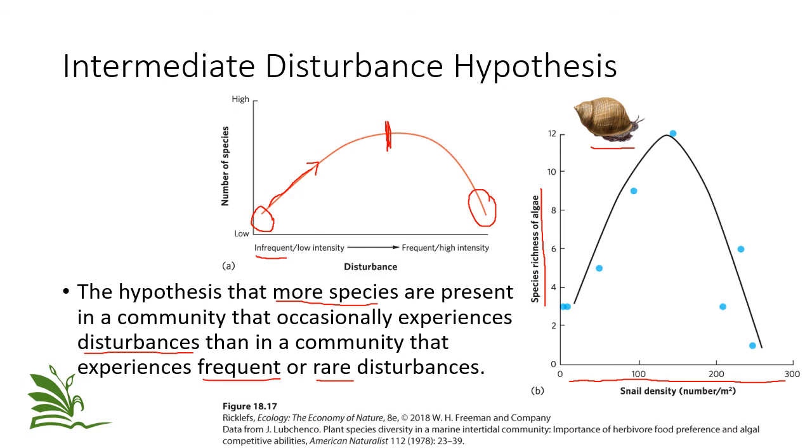In communities with very few snails, there was relatively low algae diversity. In communities with high snail density, there was also relatively low species diversity of algae because they ate it all. But at intermediate snail density, they actually saw the most species richness of algae, which is kind of cool.